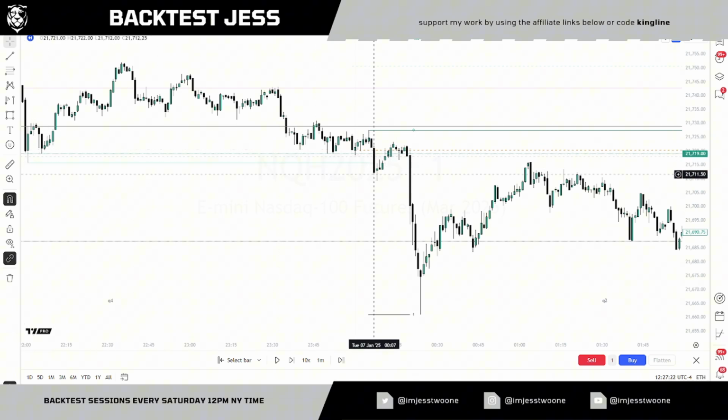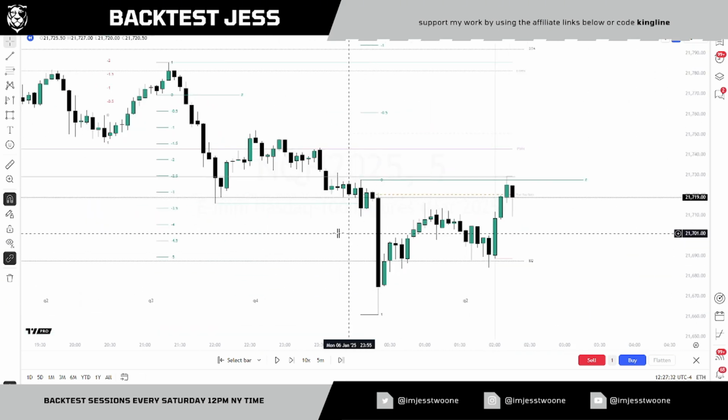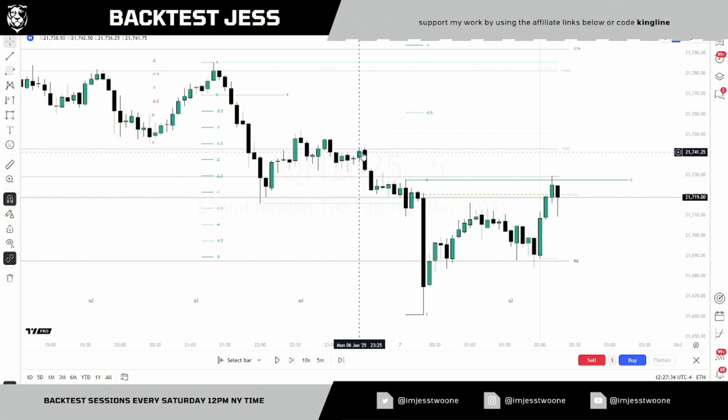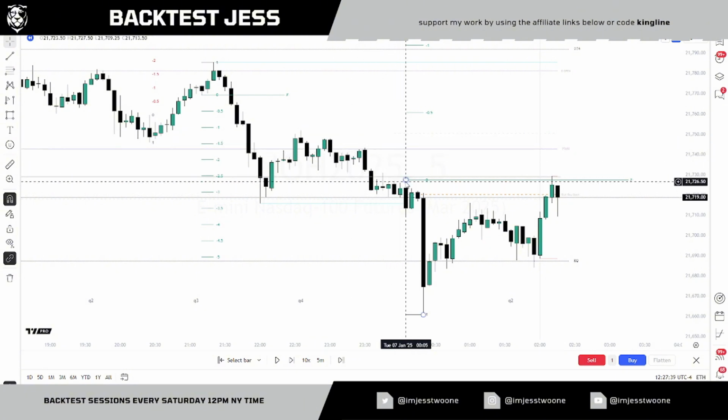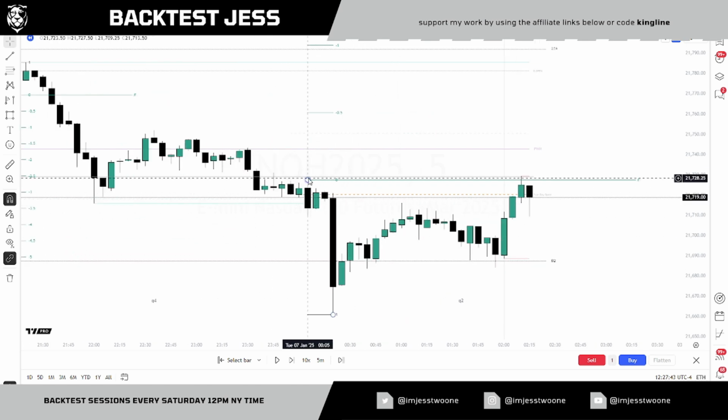But then after that high, we continue to make new lows. So all these highs up until this point, as far as market structure goes, did not make a new low, right? Until this high. It finally took out this low. So this high made this low.